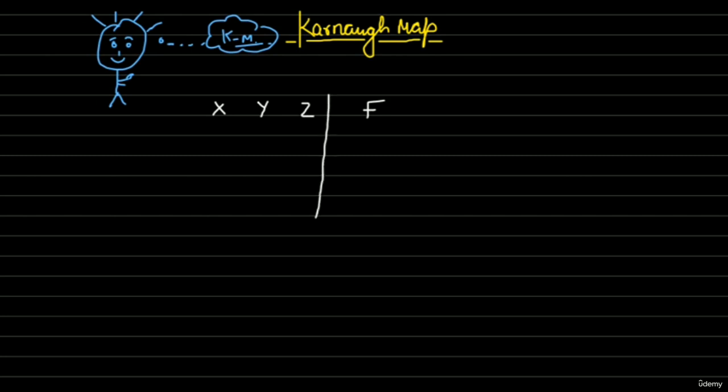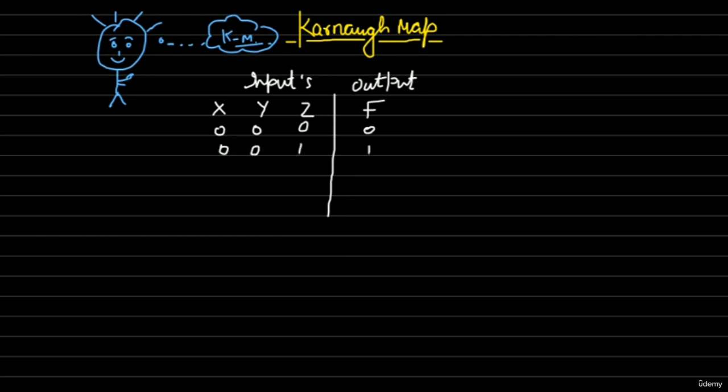Okay, so the thing is like this. This is going to be our output. This is going to be our input, or inputs. Okay, so now we have 0 0 0. So let's say it is 0, and this time it is 0 0 1, and this is 1. Yes, you have guessed it right.